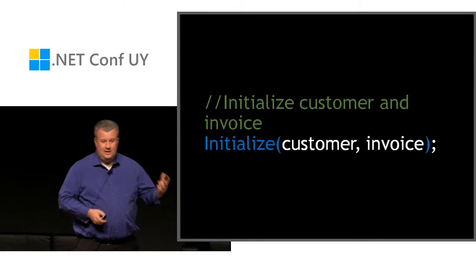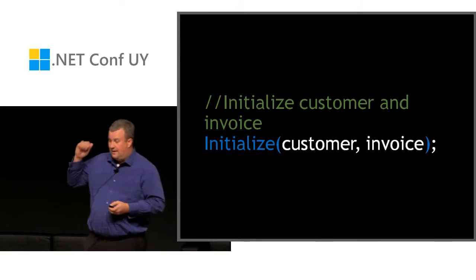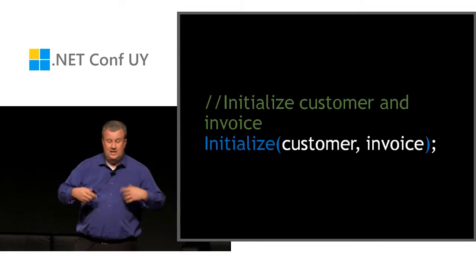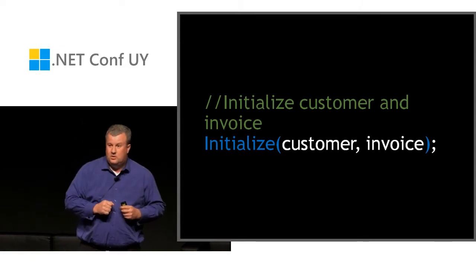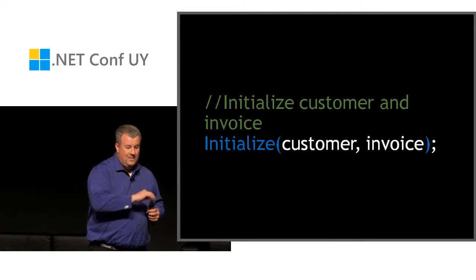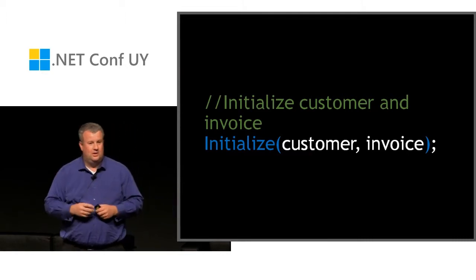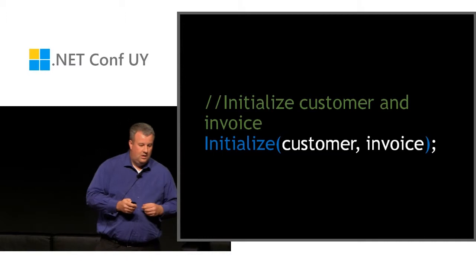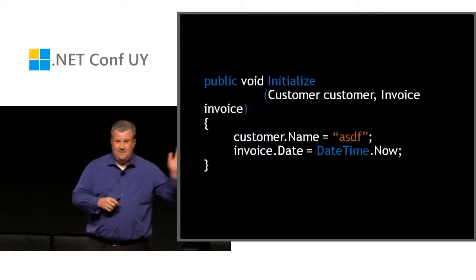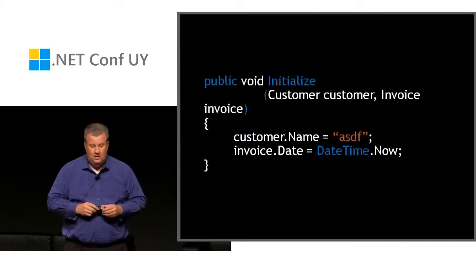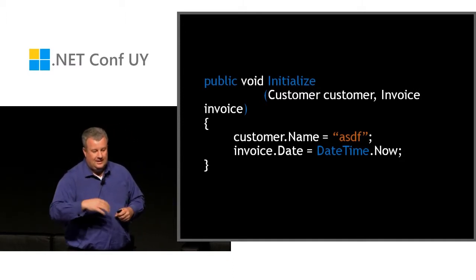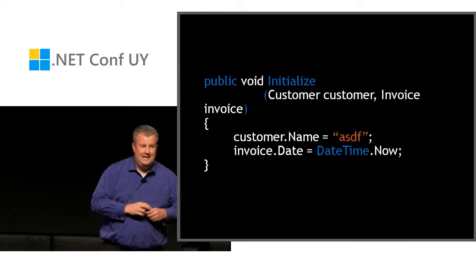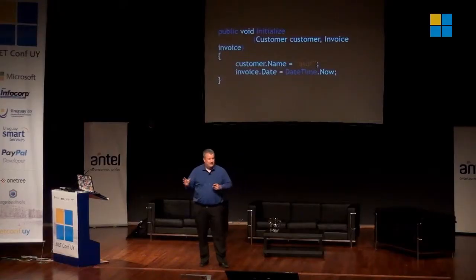What we normally see in code a lot of the time is something like this. We need to initialize some values at the same time, so we pass them into a method: initialize the customer and the invoice. This is something that may happen inside that method. We take the customer and set the name, we take the invoice and set a value on the date, and that is considered initializing the objects.